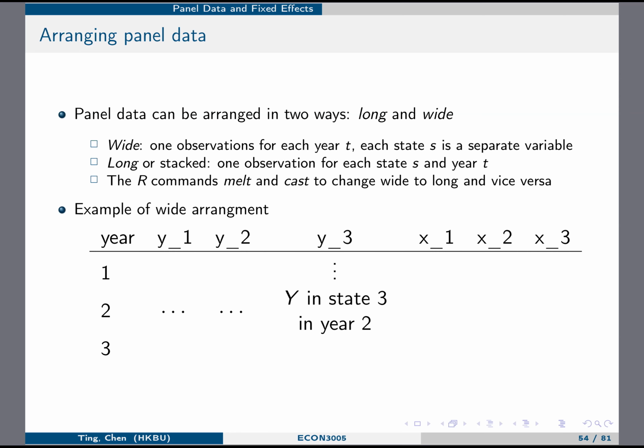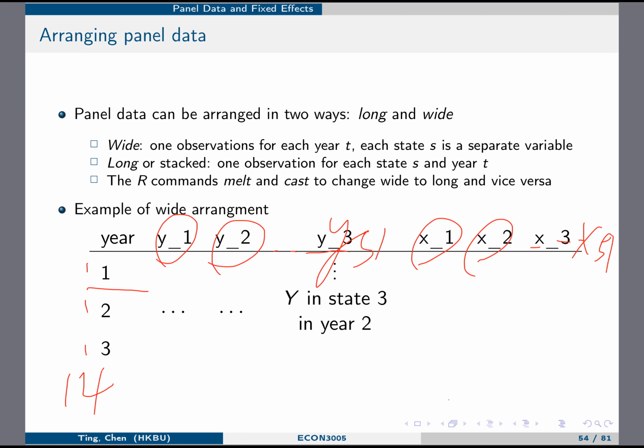So this is an example of wide format. For year 1, we have the state 1 mortality rate here, state 2 mortality rate here, up to state 51. And then we have maybe the legal drinking age proportion for the first state, for the second state, and up to the 51st state in our example. And in total, we have about 14 years. This is a wide format.